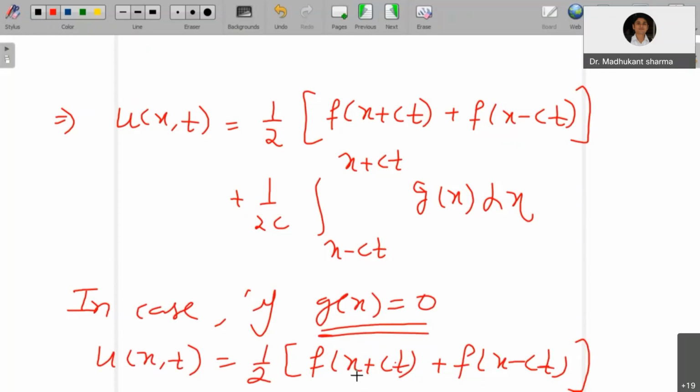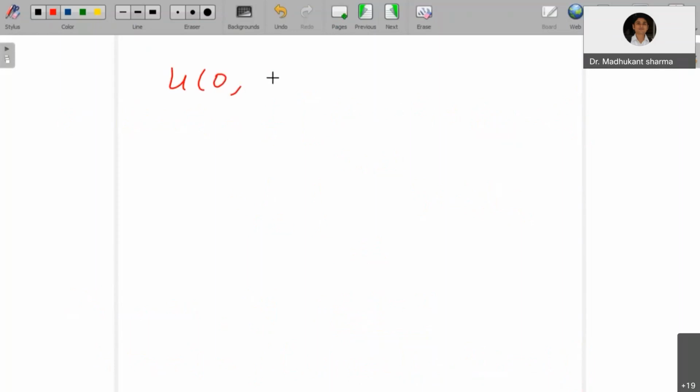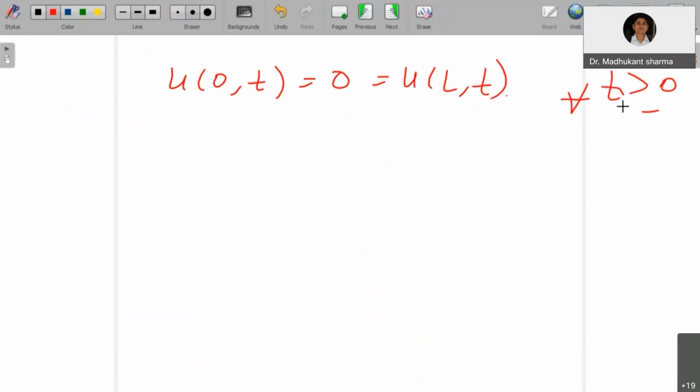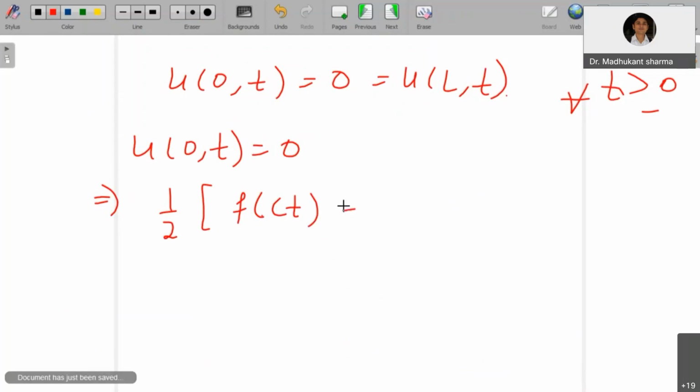Now, if you use the boundary conditions, what are the boundary conditions? u of 0 comma t is equal to 0 is equal to u of L comma t for all t greater than 0. If you use this, what will happen? u of 0 comma t equals 0 implies 1 by 2 times f of ct plus f of minus ct is equal to 0.